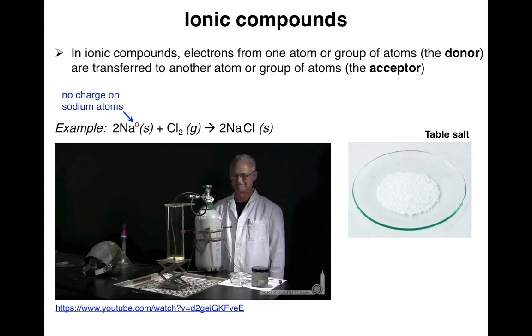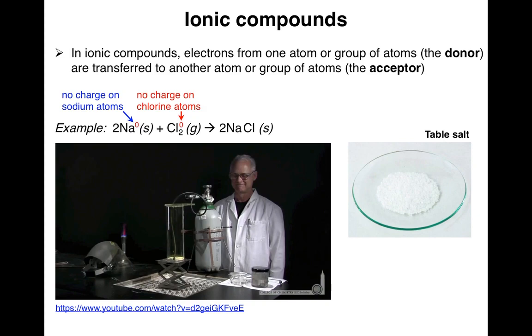Each atom has as many electrons as it has protons in the nucleus, so the net charge on each chlorine atom is also zero. Once the reaction between sodium and chlorine occurs, one electron from each sodium atom is taken away and transferred to a chlorine atom.